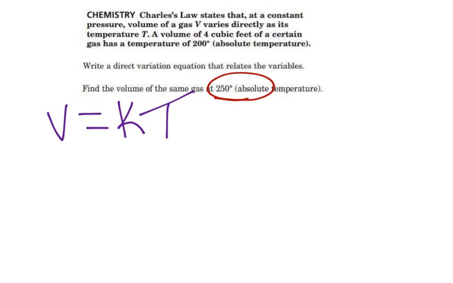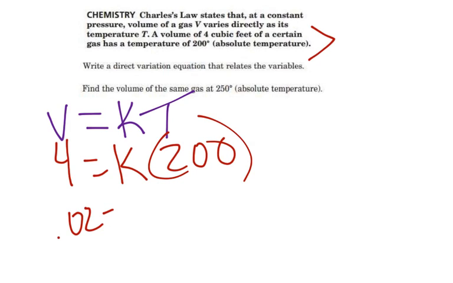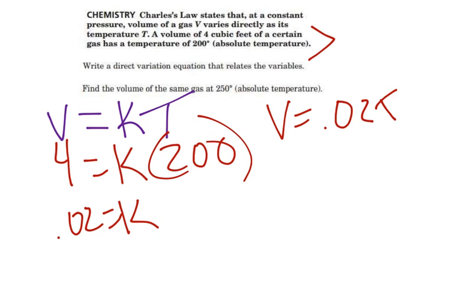Before we do that, we need to use the information they gave us. V is 4 equals K times 200. Divide. So you get 0.02 is equal to K. So your actual equation is going to be V is equal to 0.02 times T. Let me redo that.